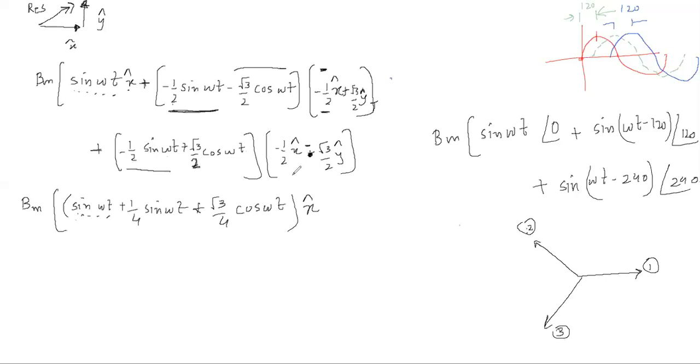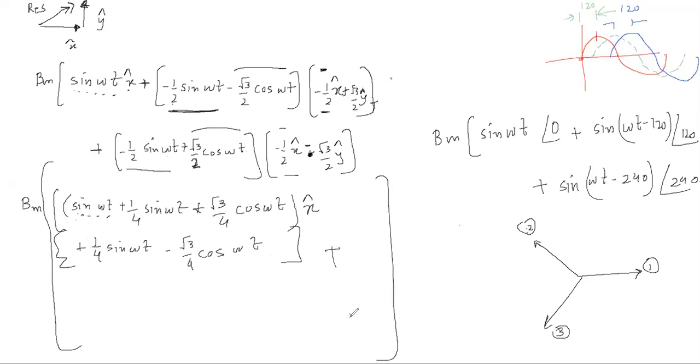When I multiply this by this, I will get another 1 over 4 sine omega t x bar, and when I multiply this by this, I will get minus root 3 over 4 cos omega t. So these are just the coefficients of x bar, and the whole thing is being multiplied by Bm.